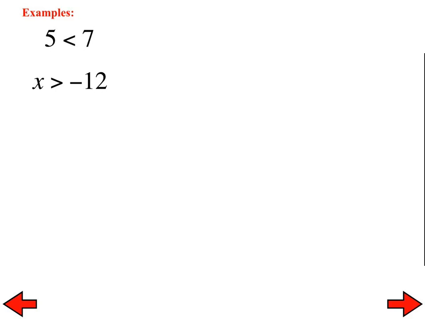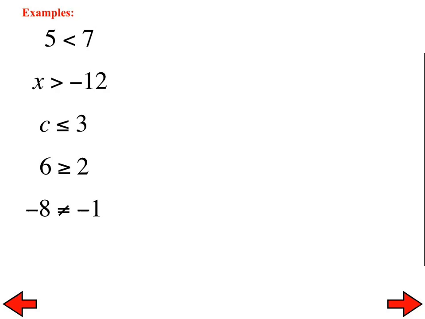Here we have a whole bunch of inequalities, and I need you to write this down. In your notes, you have a little phrase that says examples, and then it's blank underneath of that. I'd like you to copy these down. And then here's what I'm going to have you do. I'm going to have you turn to your shoulder partner, and you're going to trade off, and I want you to say these in more than one way.